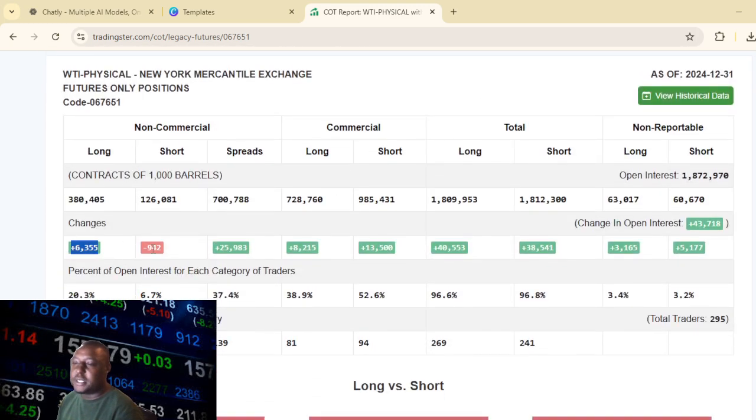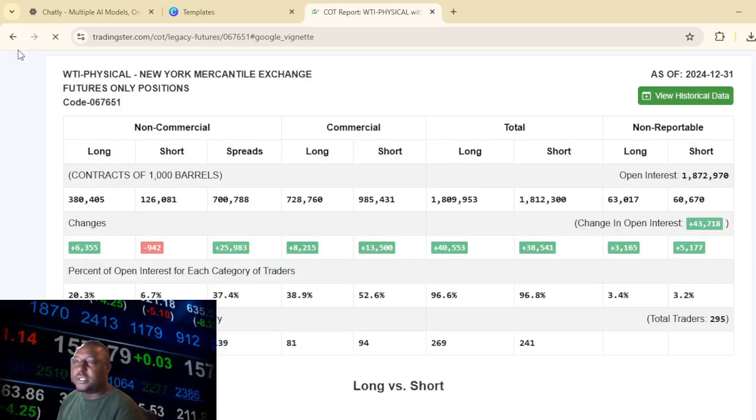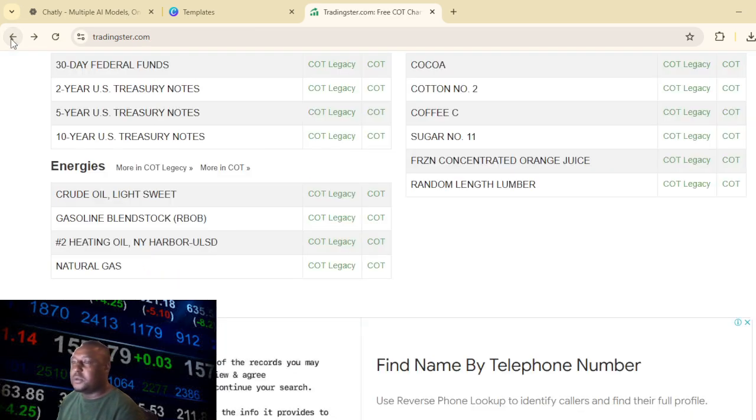They added more long contracts. They closed very few short contracts, but generally they added a lot of long contracts, and we see oil very high. So my best bet is oil, AUD USD and Euro AUD just for the first 2 days. But you know that we're just going to keep on updating as the week goes by.